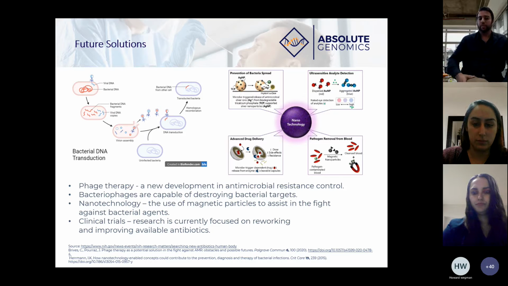There are some concerns for using phages inside the body, but to avoid that, the initial trials are focusing on topical wounds, so outside the skin, outside the body, and the results are amazing. I know a lot of these phage therapies are in the last phases of trials, and you will see some of the products in the market very soon.